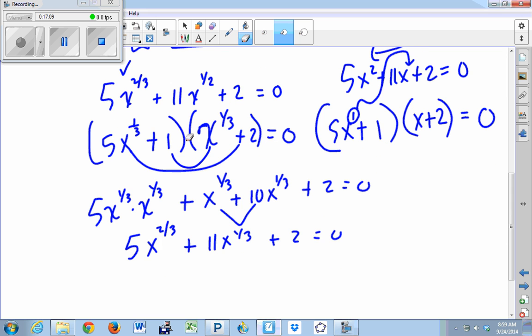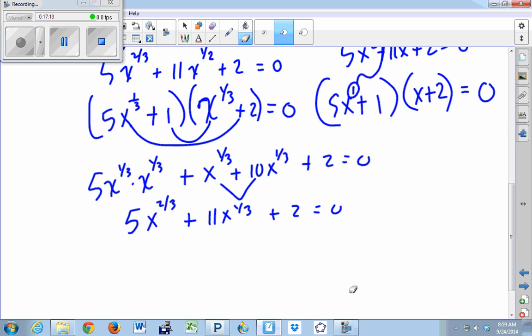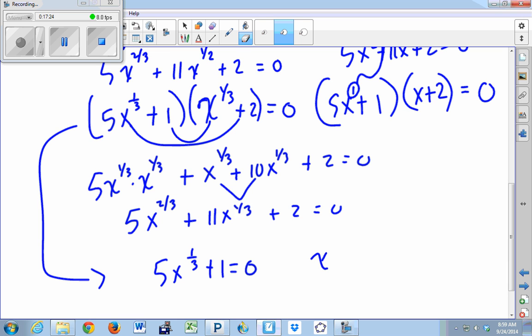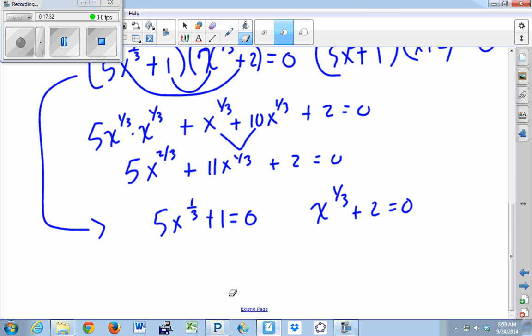However, we haven't solved our problem here. Notice these two factors are set equal to 0. So to finish this off, you would have to set each factor equal to 0 and solve. And that's why we learned how to do equations the other day that had rational exponents. So we could solve equations like this. Okay?